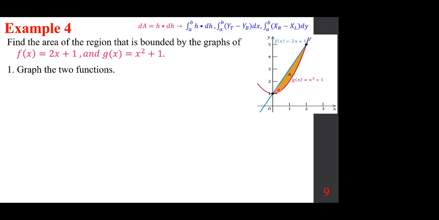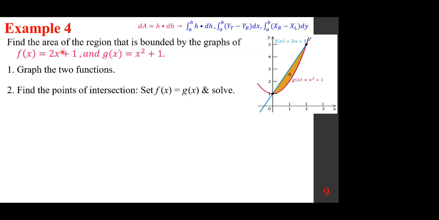Now, we have to come up with the typical rectangular strip, and we have to know when we want to take the integral from a to b, what a and b are. Because of that, the second step is to find points of intersection. To find points of intersection, you have to set them equal.